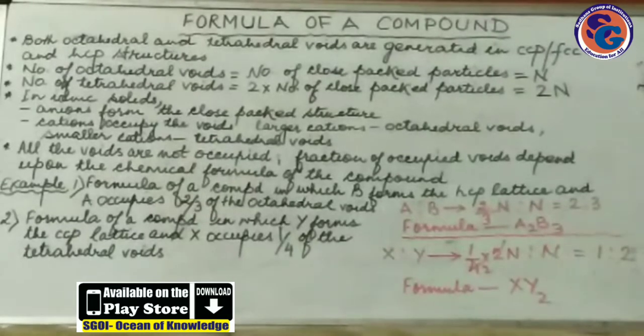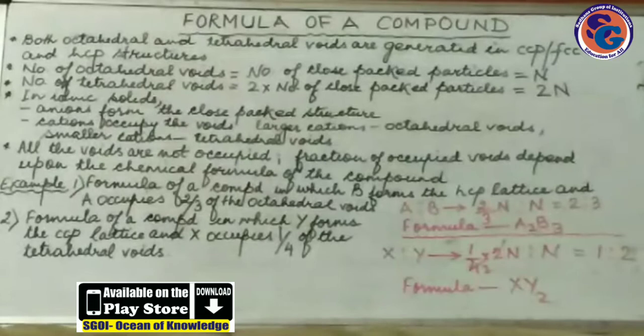It's not necessary that all the voids be occupied. They may be occupied or they may not be. So the fraction of occupied voids depends on the chemical formula of the compound.